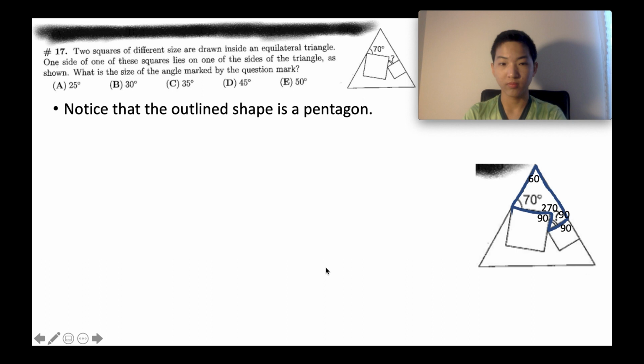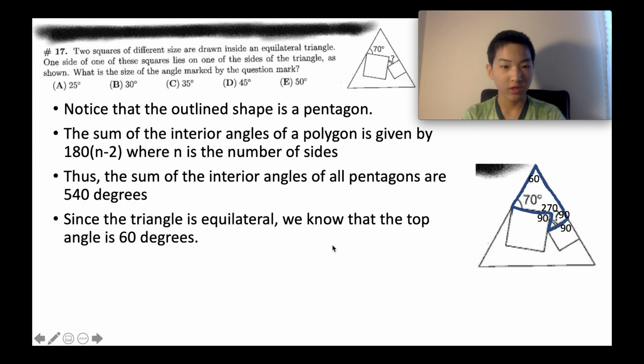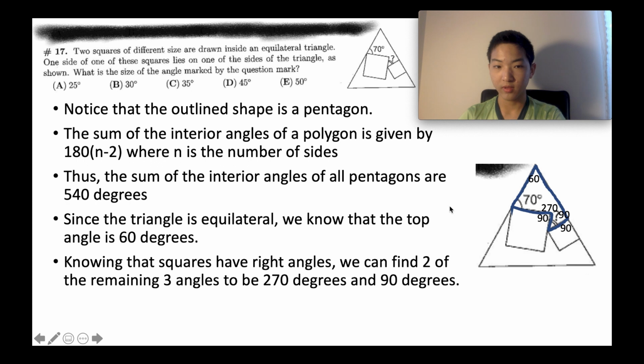So since the triangle is equilateral, we know that the top angle is 60 degrees, which has already been labeled up here. Knowing that the squares have right angles, we can find two of the remaining angles to be 270 degrees and 90 degrees. Because we know that this is 90 degrees, and so this plus the 90 degrees must be equal to 360 degrees, so that's 270.